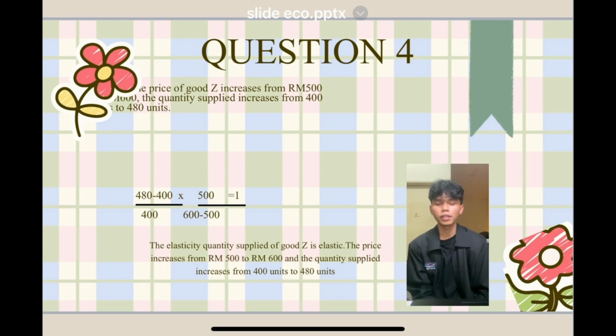So 480 minus 400 divided by 400, times 500 divided by 600 minus 500, and the answer is 1. So the elasticity of quantity supplied of good Z is elastic because it's not below 1, and the price increases from RM500 to RM600, and the quantity supplied increases from 400 units to 480 units.